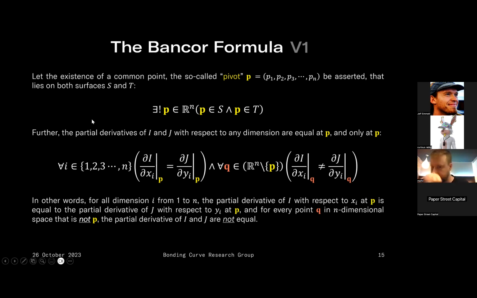Imagine shrinking yourself down to a single point. And if you were standing here, what we're really saying is you would not be able to tell which function you were on, right? It would look the same at this point if you're on the V1 function and the V2 function. And that is what is unique about this point. Any other point on any of these other surfaces, you would know, right? That this is the V1 curve or this is the V2 curve.